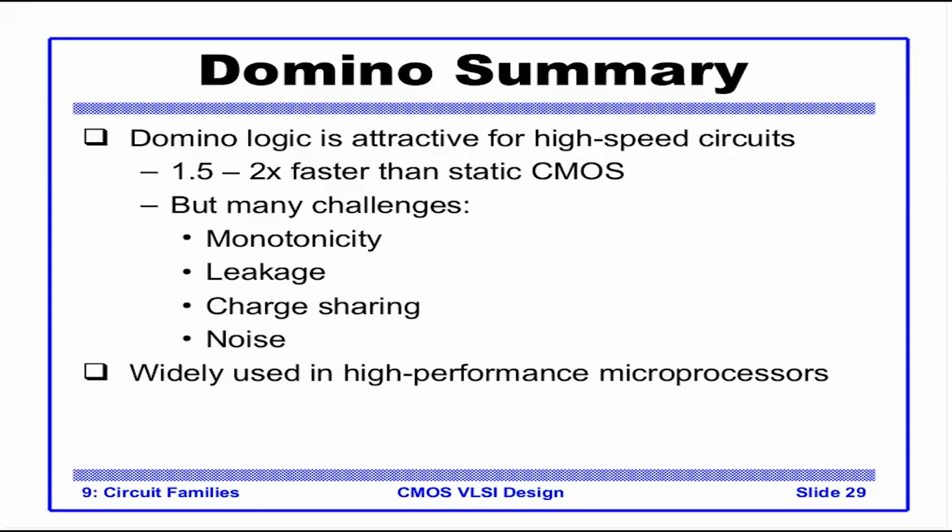Whenever the output node is zero, both PMOS and NMOS are conducting and there's a big leakage current. Domino logic or dynamic gates try to solve this problem by having a clocked PMOS, but the problems they have are monotonicity, leakage, charge sharing, and noise.